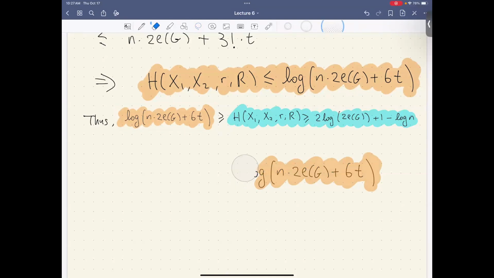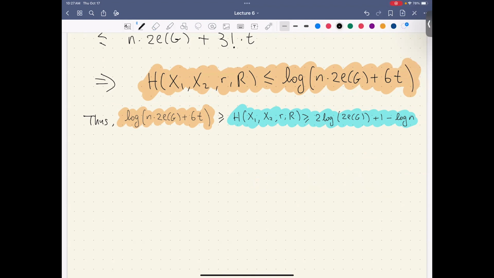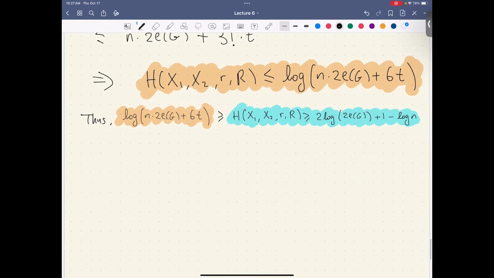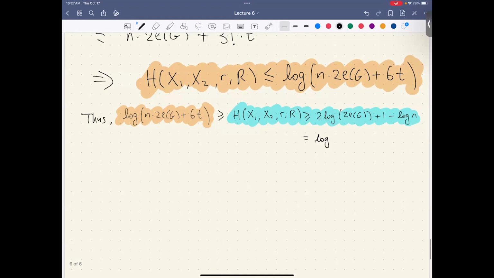Now let's do the calculation. So let's merge the log on this side. This equals log, I move 2 inside, becomes square. So 4 times e of g squared.